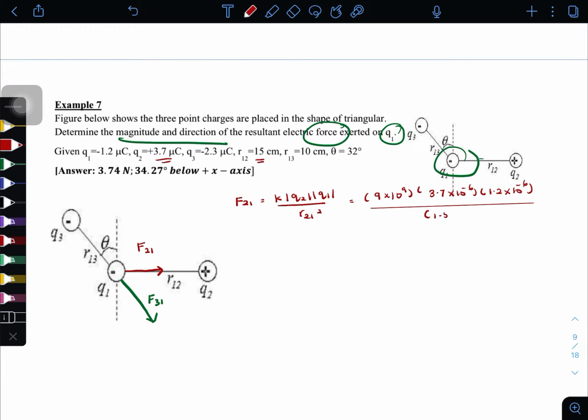So 1.5 square, so calculate, you will get 1.776 Newton, and we know dia berada di positive X.